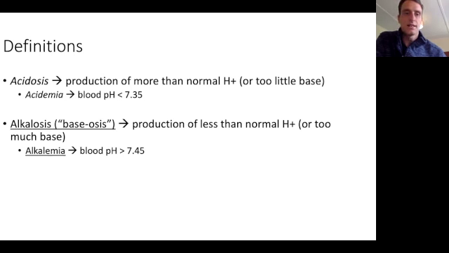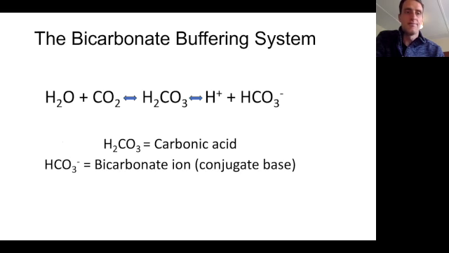So that's the process. And then acidemia is the state of blood pH less than 7.35. Alkalosis is the opposite. So it's the production of less than normal hydrogen ion or having too much base. And alkalemia is the state of having a blood pH of greater than 7.45.